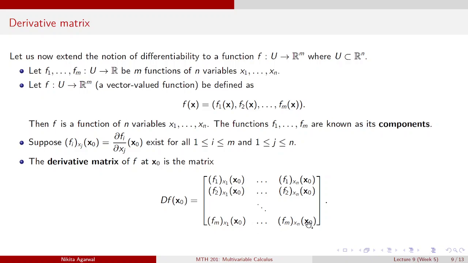And the mth row is all the partial derivatives of fm at the given point. So it's not difficult to remember. But for this matrix to make sense, you need all these entries to make sense, which is you need all these partial derivatives to exist. Okay, so this is called the derivative matrix.